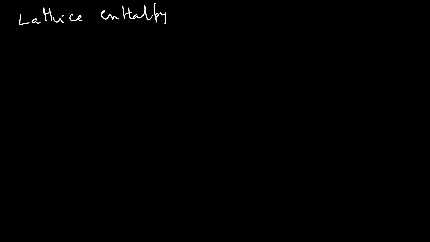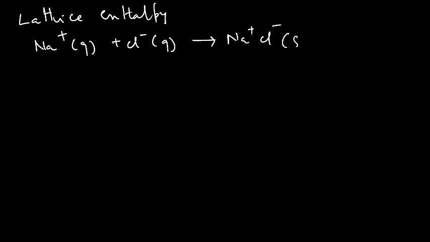Lattice enthalpy means the enthalpy change taking place during the formation of 1 mole of solid ionic substance from its constituent gaseous ions. Therefore Na plus gas plus Cl minus gas, we get Na plus Cl minus solid. So this lattice enthalpy is the only one we have to find.